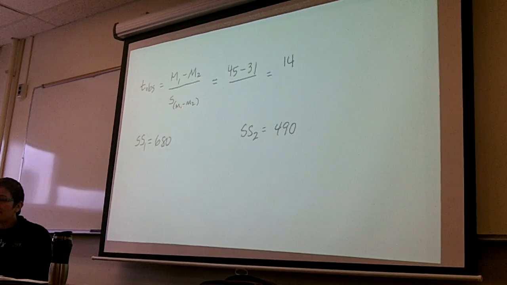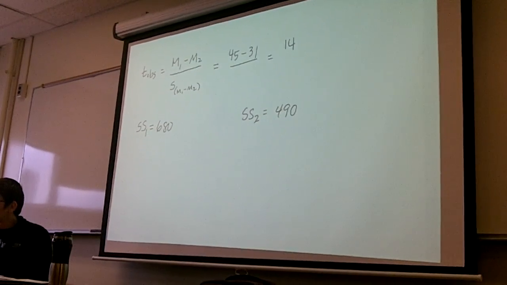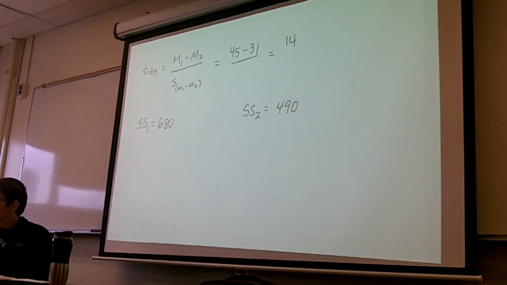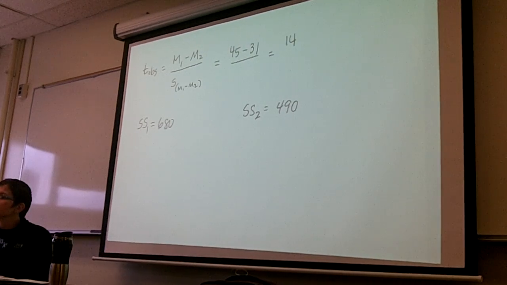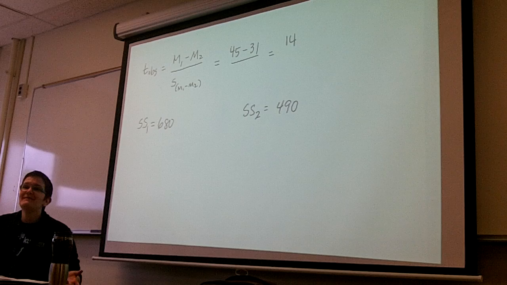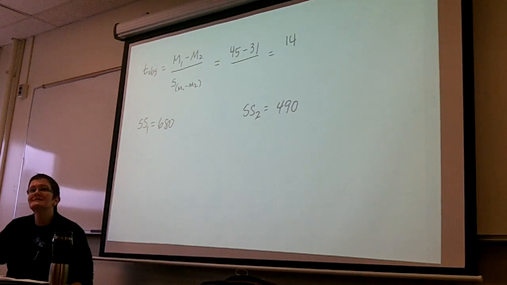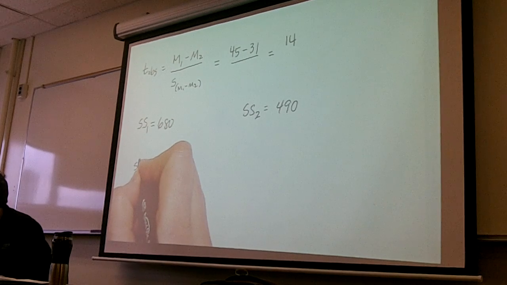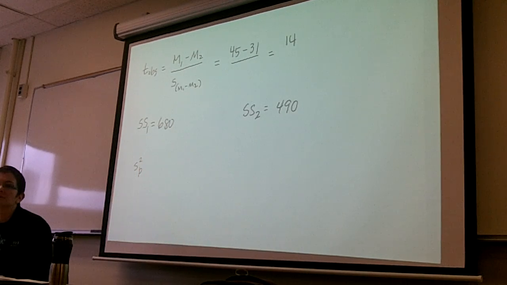So how do I get from there to that pooled estimated standard error? What do I do next? We have to find variance. We need pooled sample variance, right?